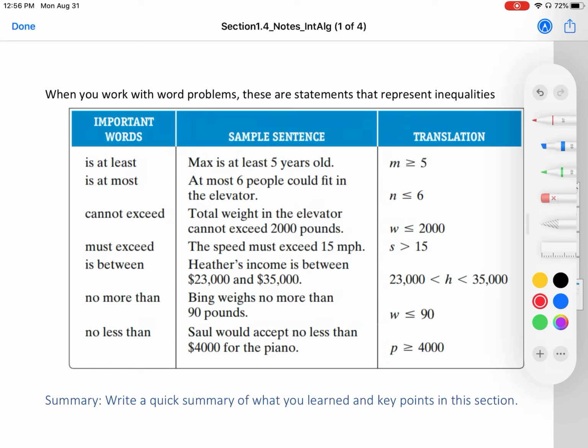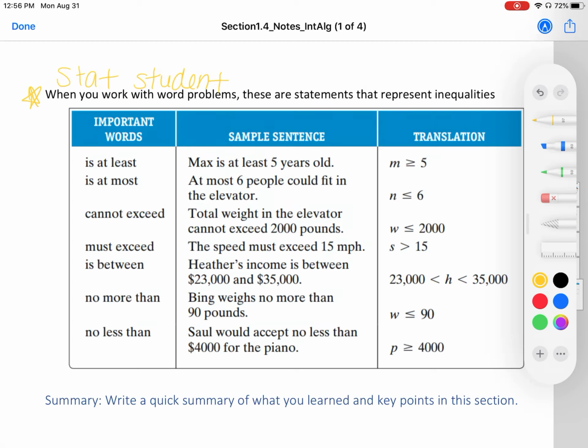When you work with word problems, these statements represent inequalities. So this is super important, especially if you're going to go into stats. If you're a student who's going to need to go over into statistics and transfer into your university of choice, this is something you'll see, these phrases, and this is something that my stat students do struggle with.